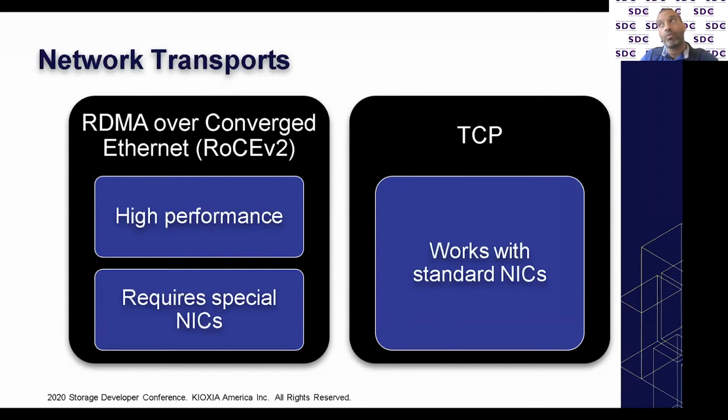So if you want a little bit better performance but are ready to add specific hardware, especially NICs, into your servers or clients, then RDMA can bring a better performance for networked storage or for NVMe over fabric storage.